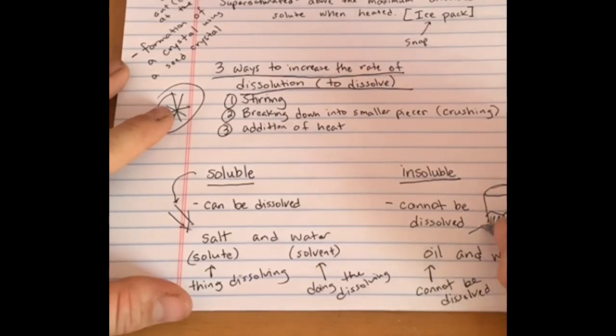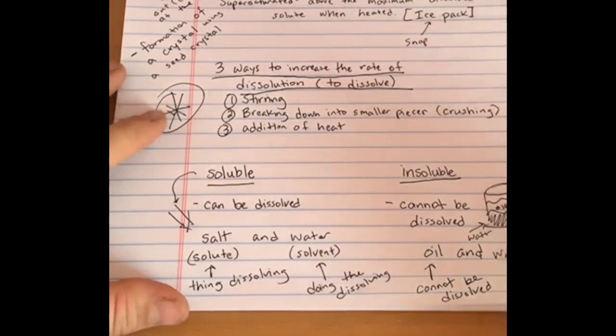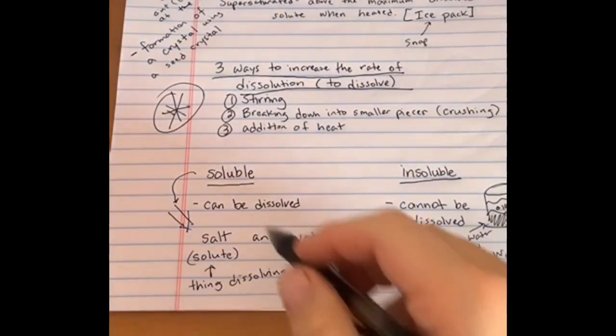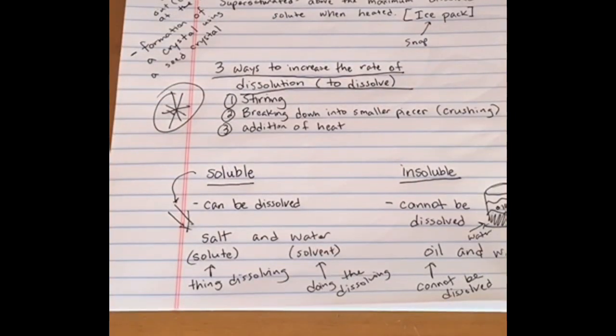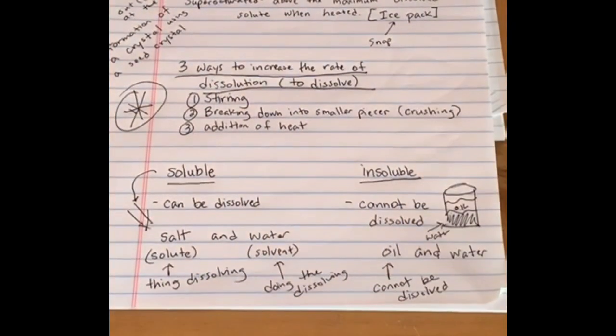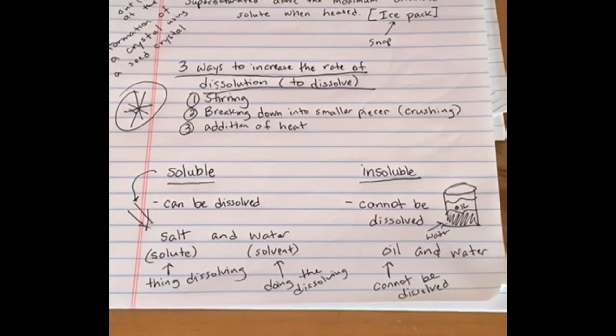This is the water. And the oil kind of floats on top, right? Whereas over here at the salt and the water, if you were to look at a glass of salt and water, you really couldn't tell. So those are our two definitions that we're going to be going with, which is soluble and insoluble.